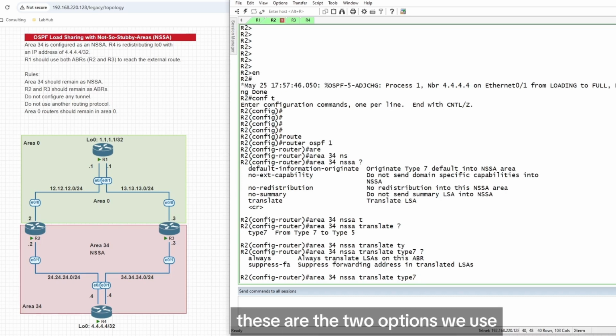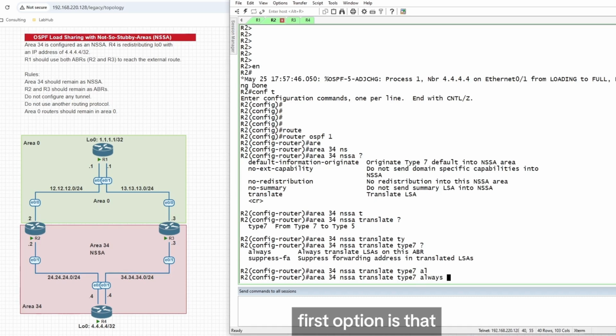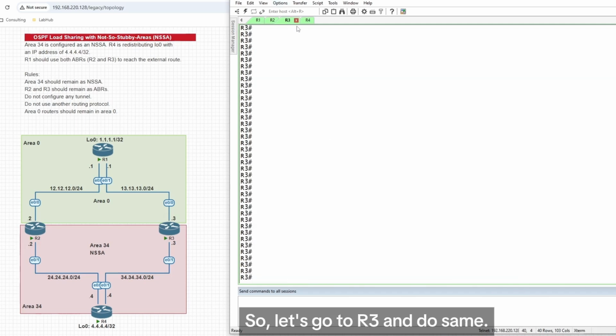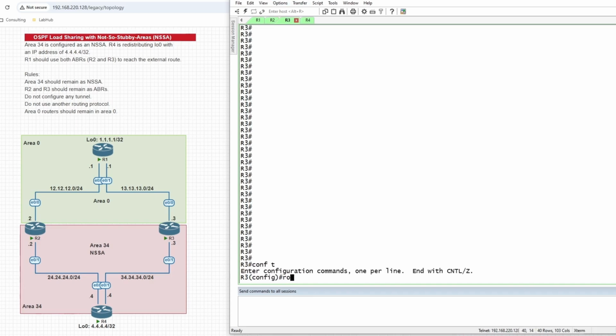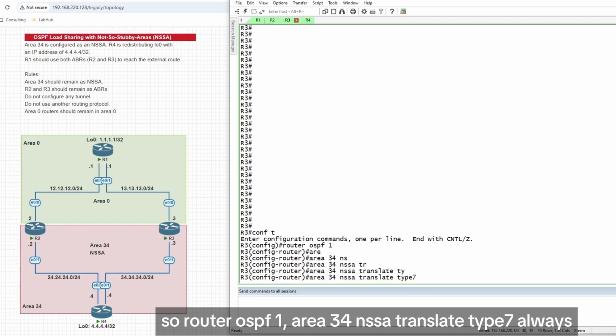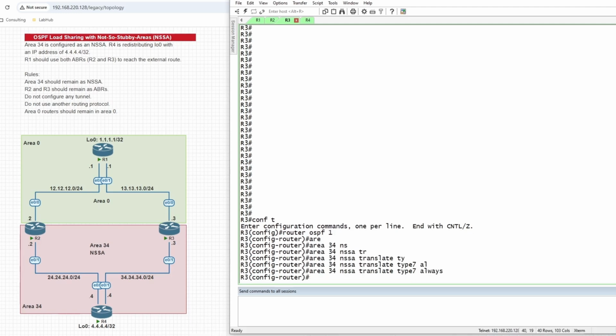So you have two options. These are the two options we use. First option is that regardless of what your router ID is, we want you to translate type 7 to 5. So let's go to R3 and do the same. Router OSPF 1, area 34 NSSA translate type 7 always.